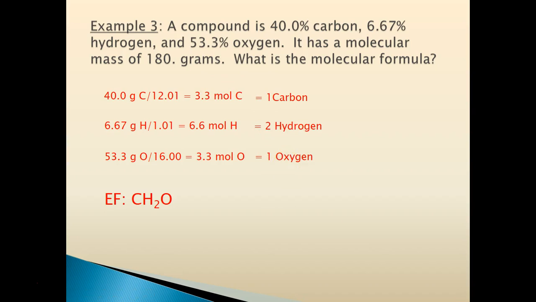Sometimes you're going to get a 0.5 in your ratio, like 1.5 or 2.5. So we have to come up with a way to maintain the ratio, but also make all the numbers whole numbers. Well, if you have a set of numbers, you can get the ratio between those numbers.